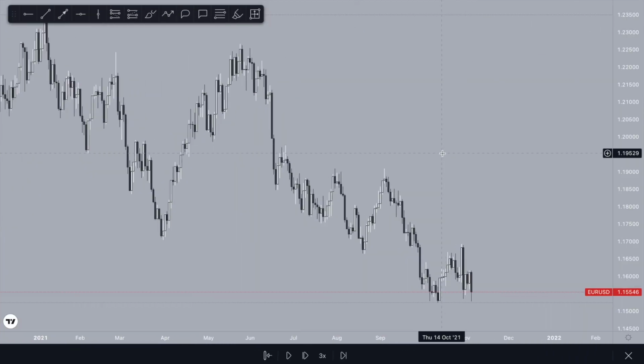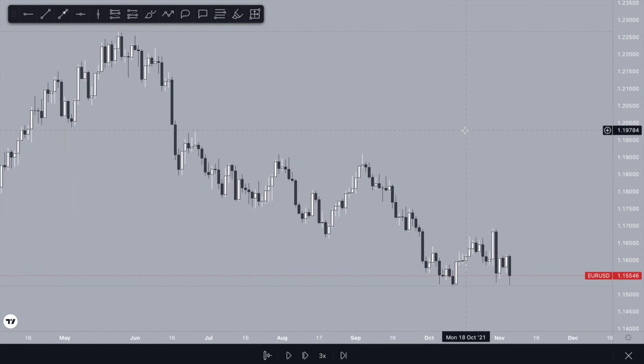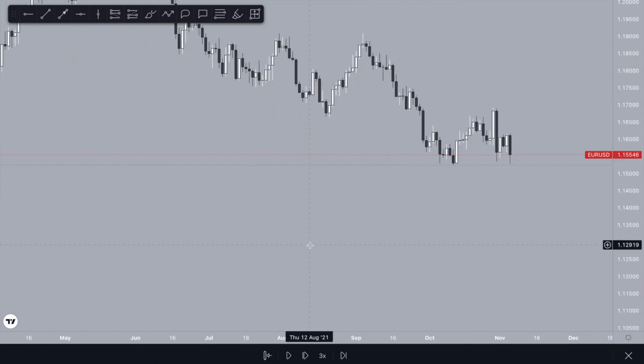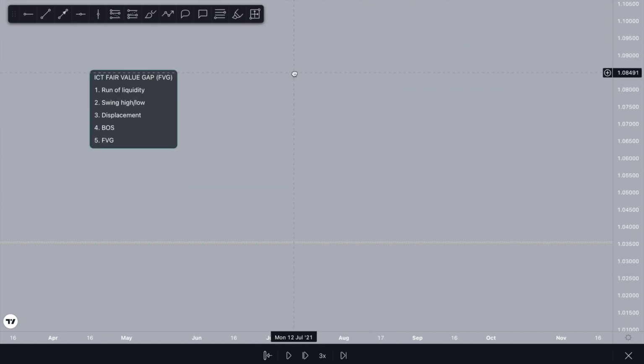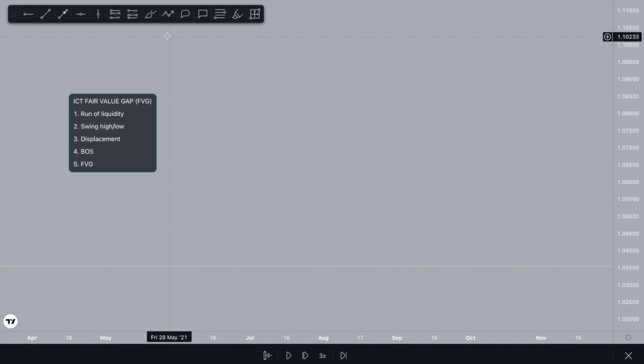The ICT concept regarding a fair value gap is basically composed of 5 bullets. So let me just draw a pattern for you.